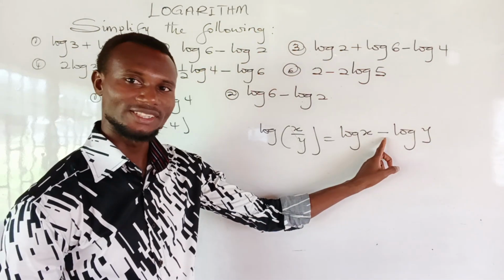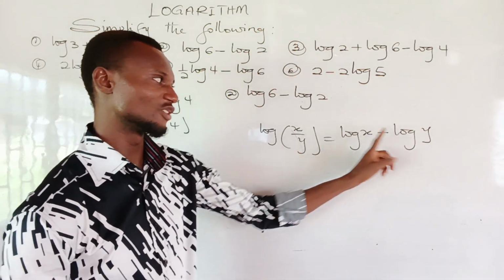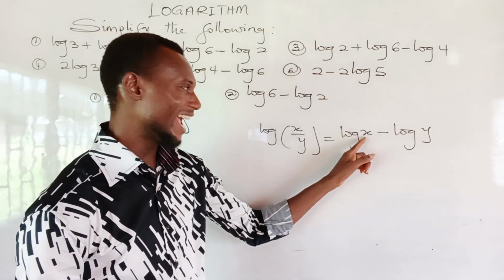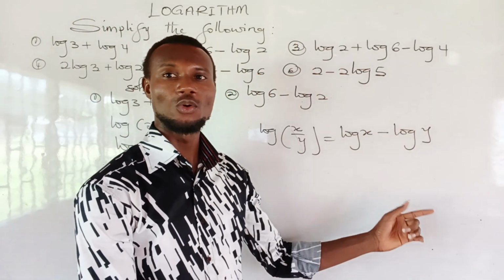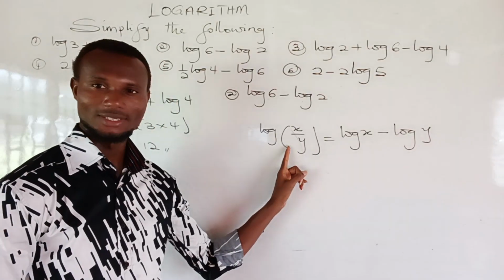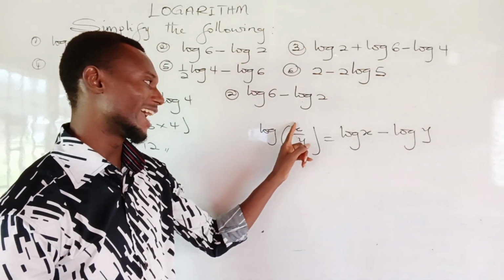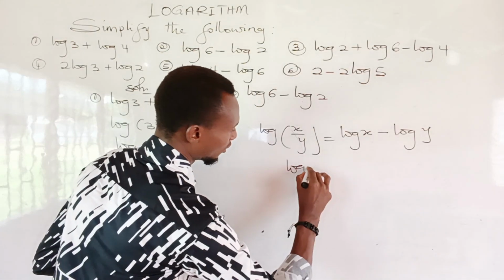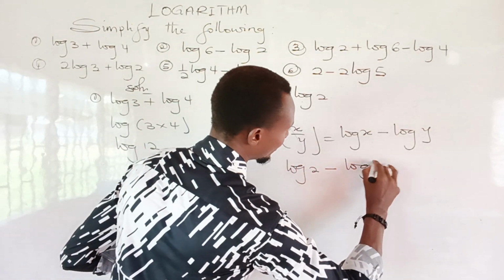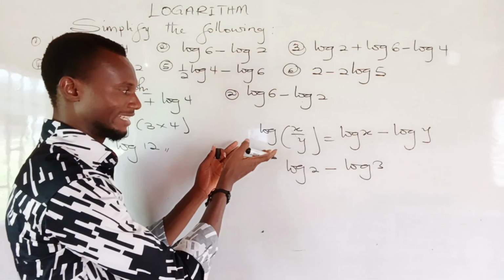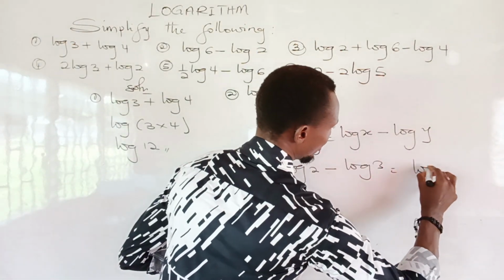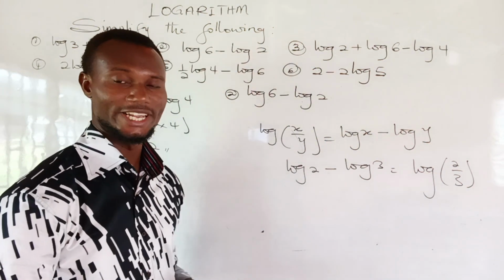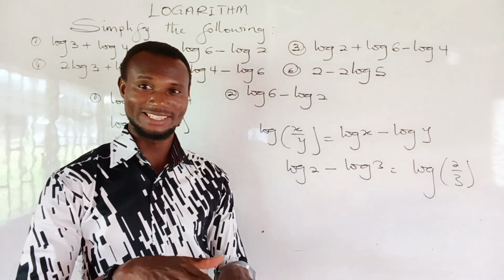Then you bring your minus sign and the log will affect the y. That's why I have log y here. As simple as that. So having log s minus log y, you can also write it in this form, which is log s over y. So if I have, let's say, log 2 minus log 3, I can write it in this form, which is going to be log 2 over 3, and that is the quotient rule. I hope you understand up to this point.